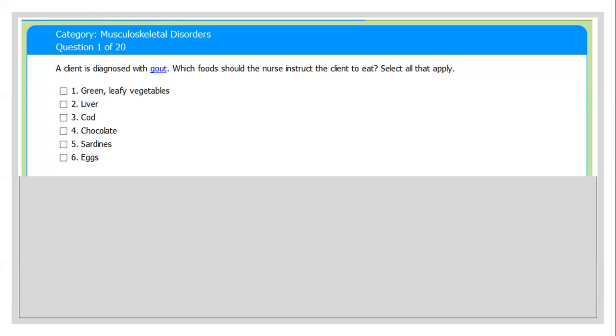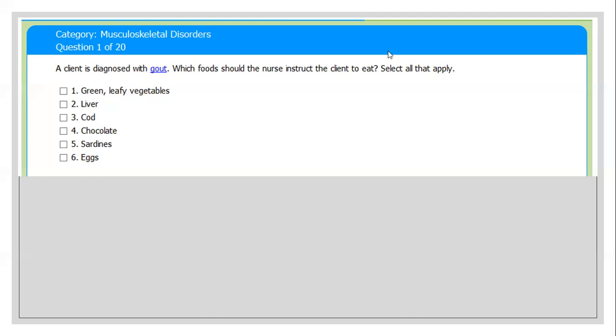Gout is a disease in which defective metabolism of uric acid causes arthritis, particularly in the small bones of the feet. When a gout attack occurs, the patient complains of severe pain and redness or tenderness of the joint. So it is good that we avoid foods containing purine.